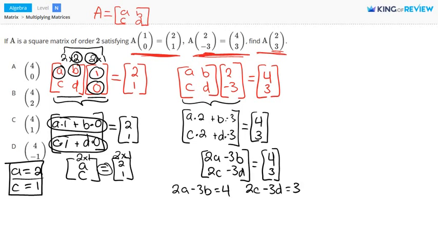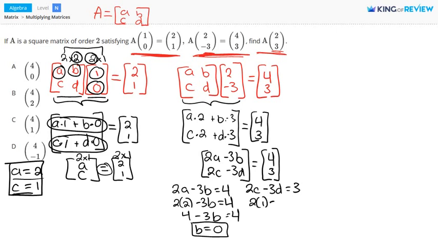Now we know what a and c are. So we have 2 times 2 minus 3b equals 4. This is 4 minus 3b equals 4. And solving for b, we get b equals 0. So now we know what b is. And over here, we're going to plug in a 1 for c because we solved for c earlier. So 2 times 1 minus 3d equals 3.